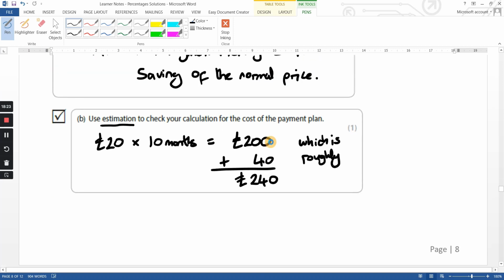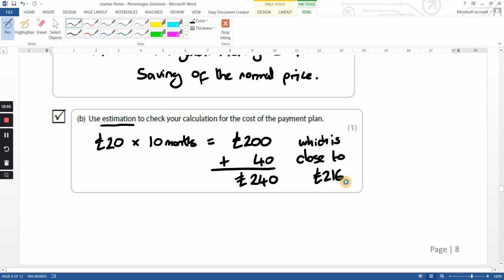So you can say which is close to £216. That's what you want. You want it not exactly, obviously, you want it pretty close. If you get an answer like 500 and something, you're not going to get anywhere near 216, then you've gone wrong somewhere. So that's absolutely fine. Again, there's going to be more than one solution for this as well.